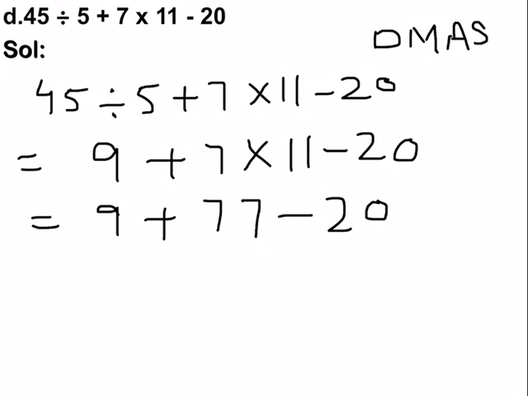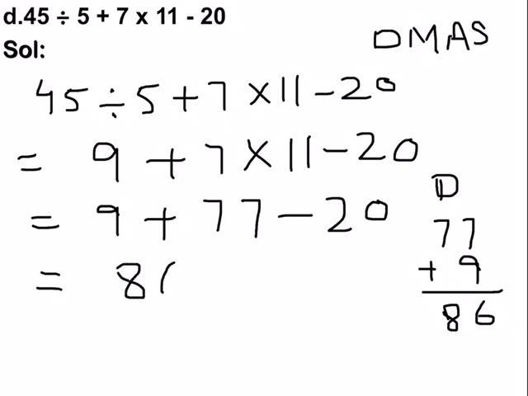Now we have two operations, that is addition and subtraction. First we will solve addition, that is 77 plus 9, 9 plus 7, 9, 10, 11, 12, 13, 14, 15 and 16. 1 carry. 7 plus 1, 8.